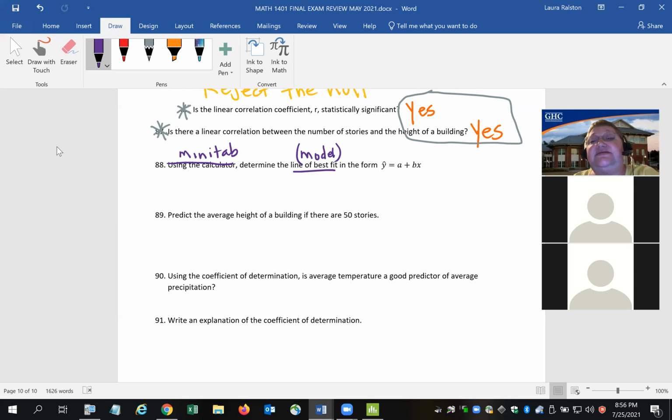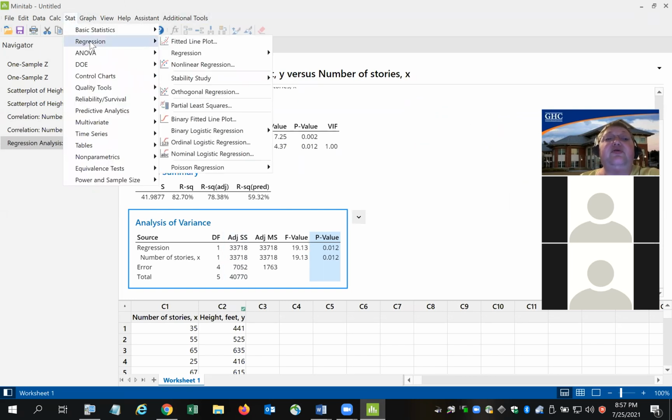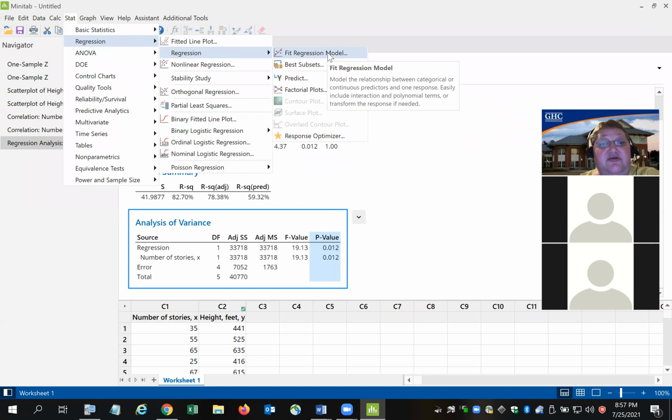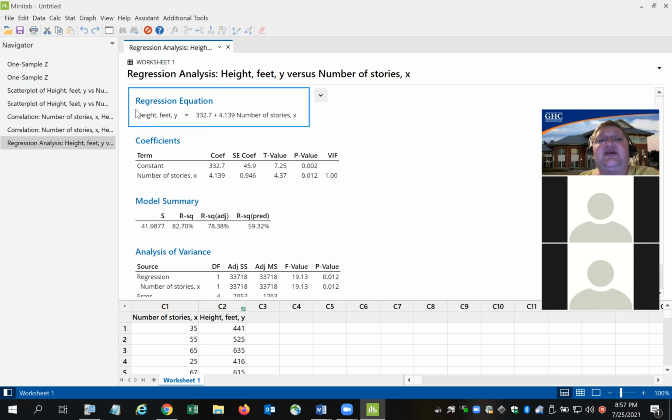And guys, this format is just a lettering deal, but we're writing the equation of a line, and from algebra, you would have thought mx plus b, where m is the slope and b is the y-intercept. They changed the notation for statistics. It's not a big deal. But Minitab has done that for you. In the command that we just ran, when we went Stat, Regression, Regression, Fit Regression Model to get the p-value, it also gave us, at the very beginning, my regression equation.